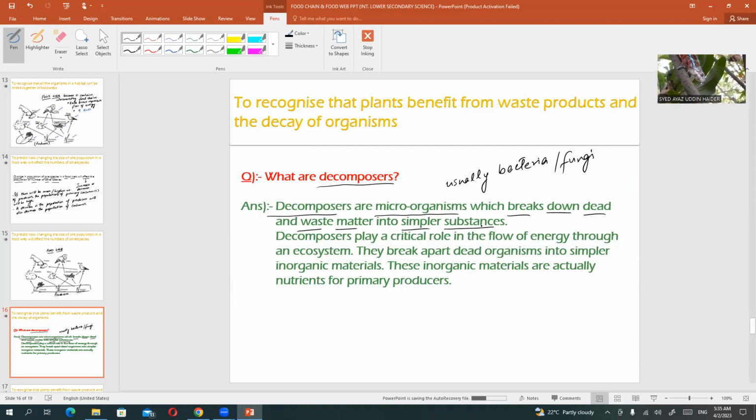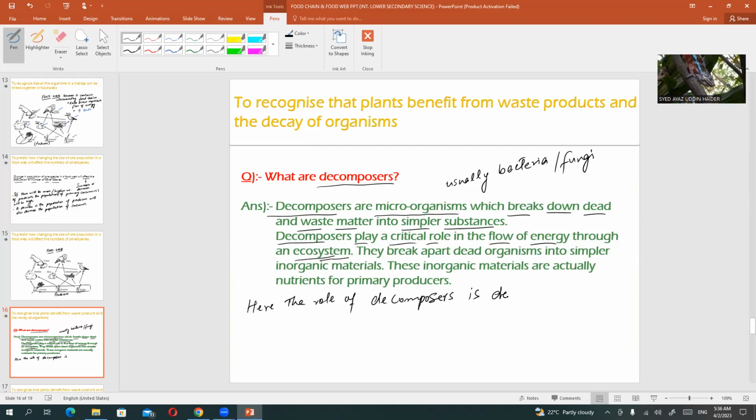They are called decomposers. Decomposers play a critical role in the flow of energy through an ecosystem. Understand that the role of decomposers here is demanding. Think of it as a need of the whole ecosystem: decomposers are important, they have to break down the dead organisms in order to flow the energy through an ecosystem. How? They break apart dead organisms into simpler inorganic materials.